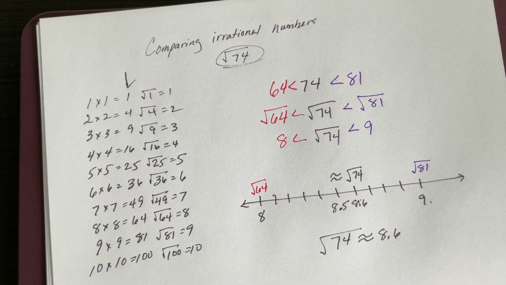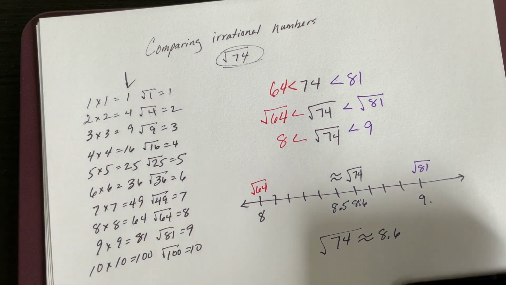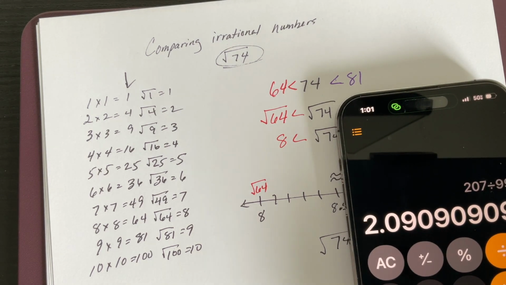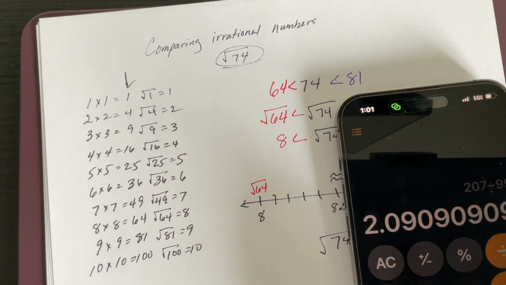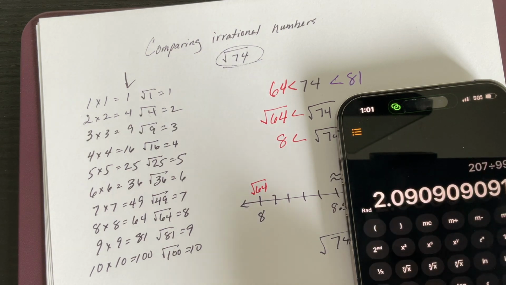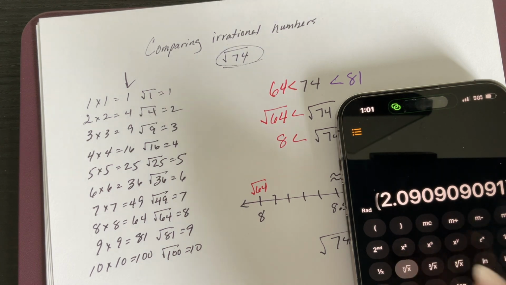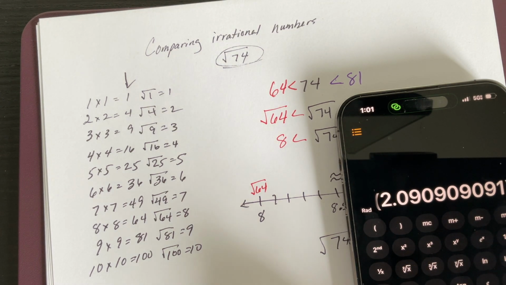And every once in a while we just want to go in and check our answers. So you've shown your work. Now you want to see how accurate you are. Pull out our handy dandy calculator. Let's do the square root of 74.